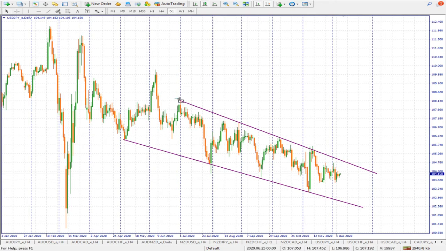This is a resistance level. This is a resistance level, and this is a resistance level. Then on this lower side, we have a support. We have a support here.